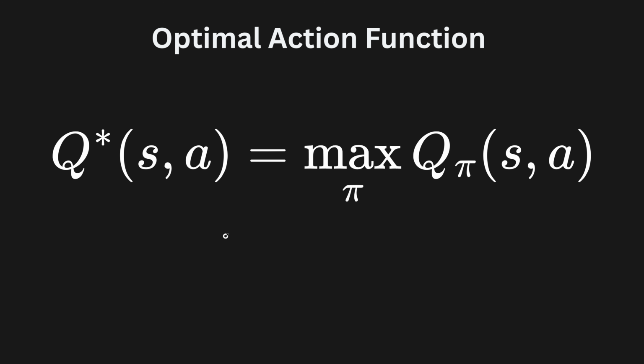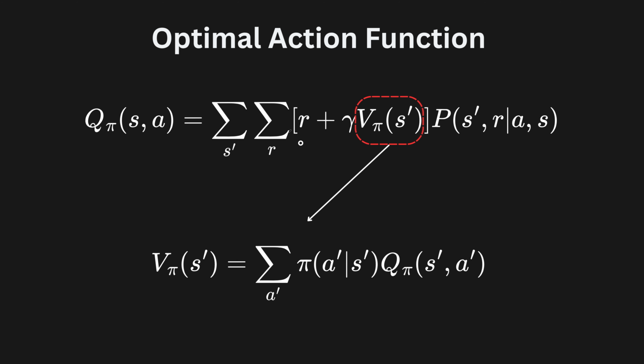Similarly, we have an optimal action function, right? So same thing. We're going to try to find, again, we can't take a max over our policies because that's not possible. So we need to basically do something very similar. Here's our Q value function from before, right? So same as before, but notice that we do have a recursion here.